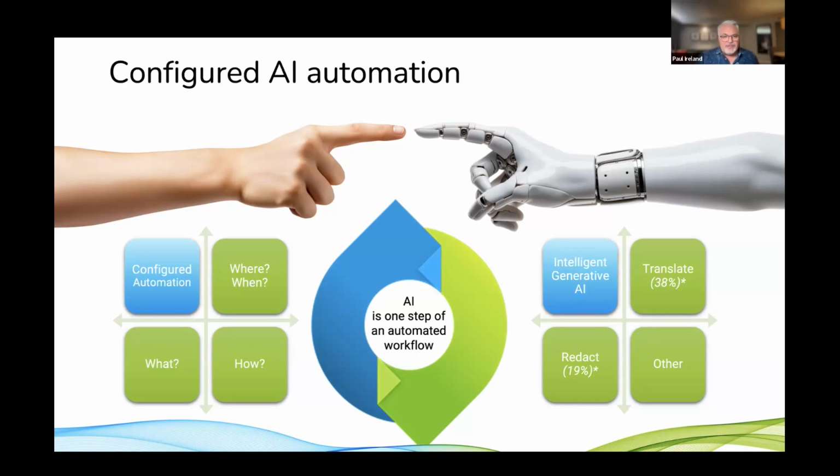These are numbers based on Steve Gens's surveys of companies that are actually looking to automate those processes, if possible, using AI or some other mechanism. So obviously there's significant interest within the industry to automate translation and redaction, the two examples we're going to highlight right now. The important point is really AI is going to be one step of an automated workflow. It's just one element. It's not a standalone process in our case. It's really one part of that instead.